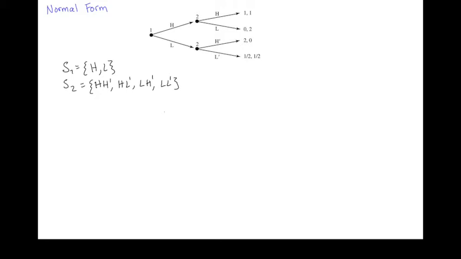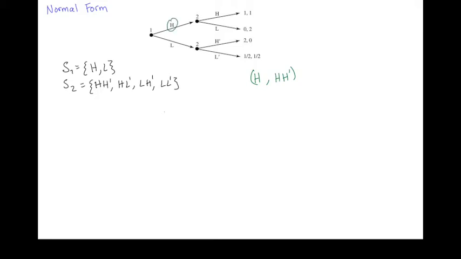So what we can do is to write these down as a function of the strategies. So let's suppose we had player 1 playing strategy H and player 2 playing strategy H prime. Well, if they do that, we've got ourselves a strategy profile. And we can write down then, where do we end up?